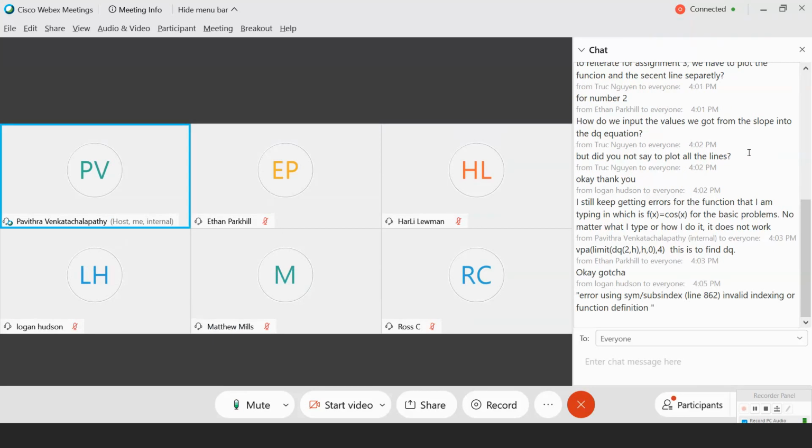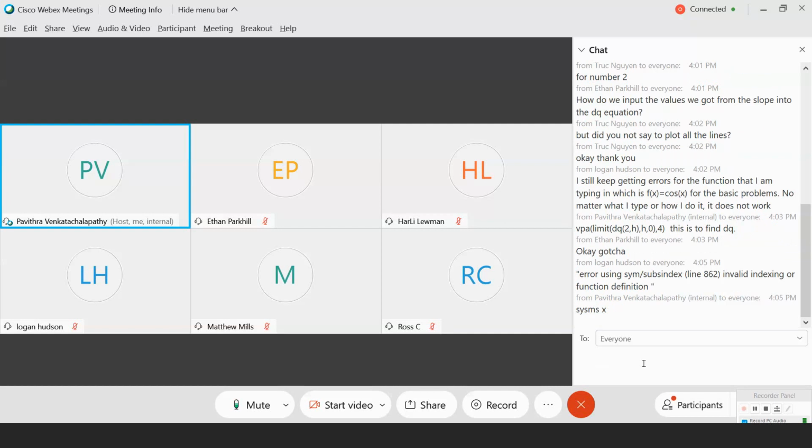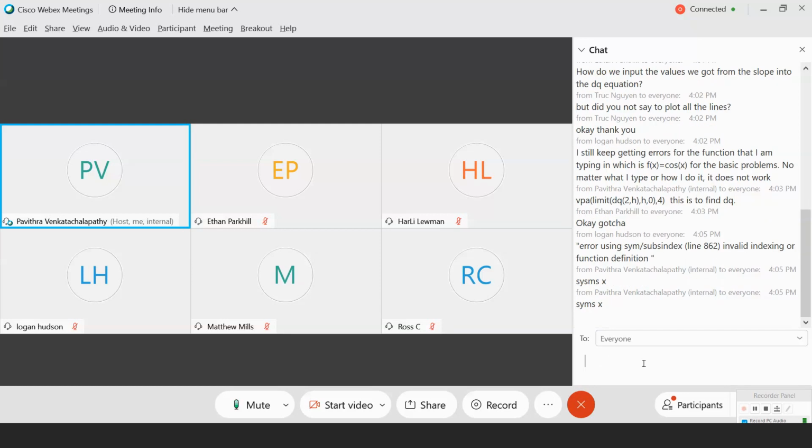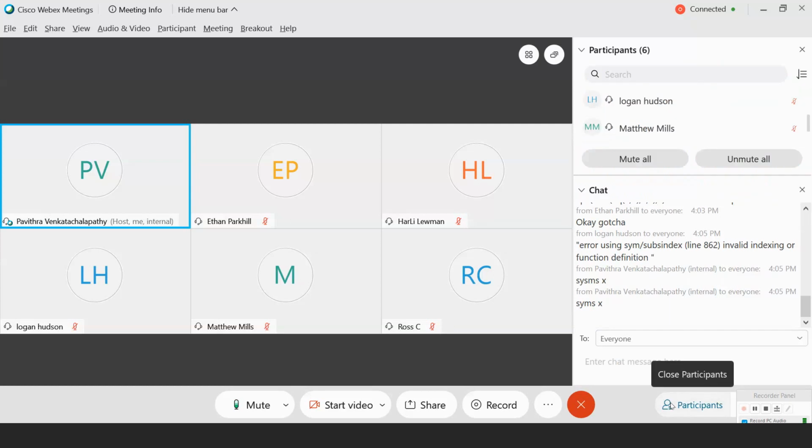Oh, okay. So understood. What you have to do is define a variable first using syms. Got it? And then write your function. Use this first and then write your function. It will definitely work, because you have to define the variable first. Any other questions?